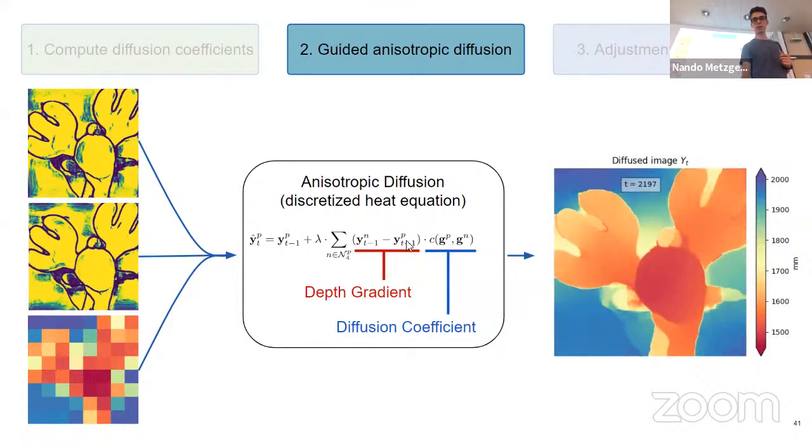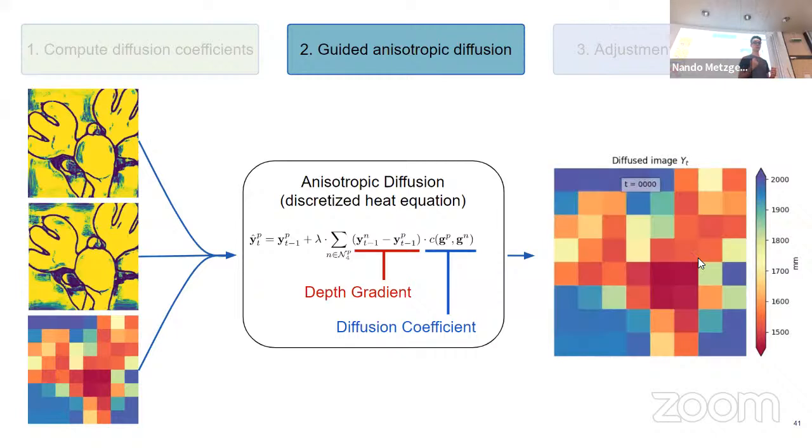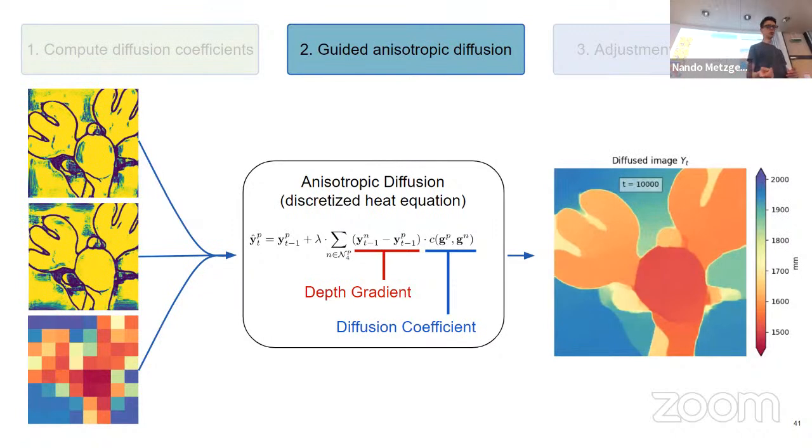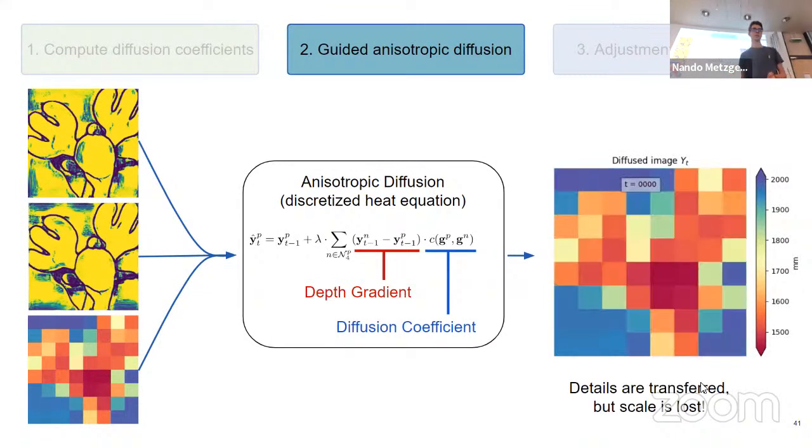And what you end up with is basically this process that you see on the right, that the discontinuities get transferred, but you still keep the depth of your initial guess. Now, there is one problem with this methodology, and this is that the scale is basically lost.